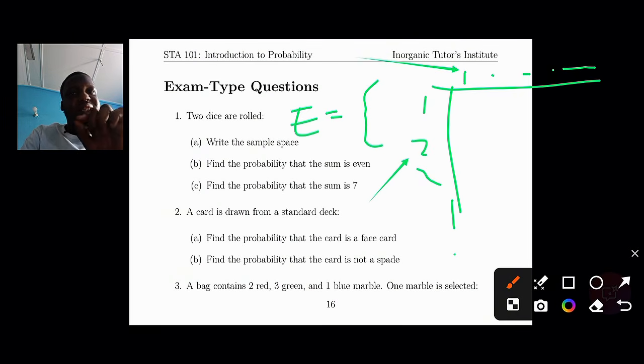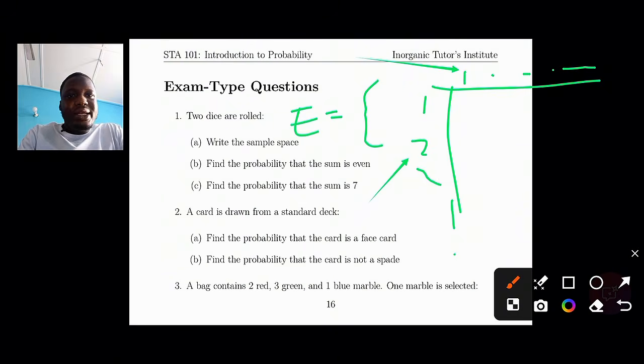If they are 15, then you divide it by 36. That's the number of sample space in order to find a probability that it is even. So try all these based on what we've discussed. C is find the probability that the sum is 7, which has already been discussed. I remember getting 6 over 36, which was equal to 1 over 6.